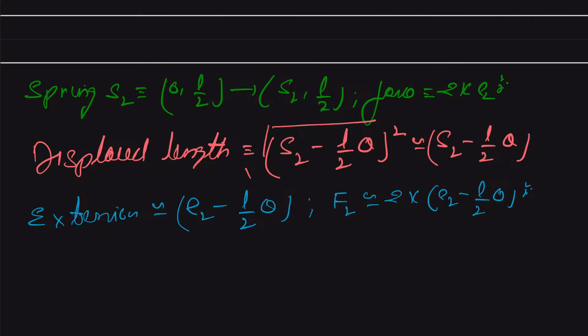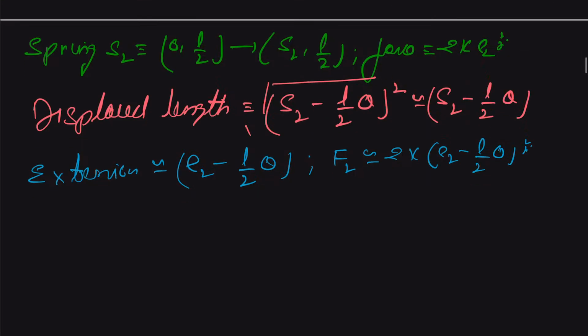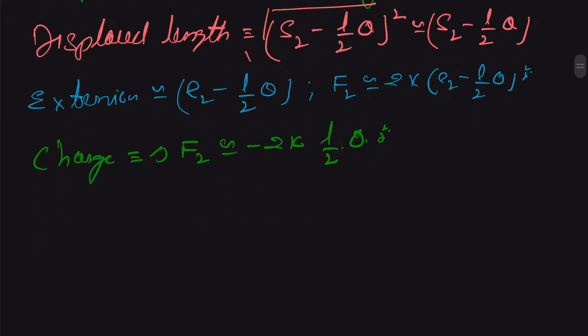And now we come to the change in force. Change, that is our delta F2, is approximately equal to minus 2k L by 2 times theta, and we have this as x unit vector. And now our torque.